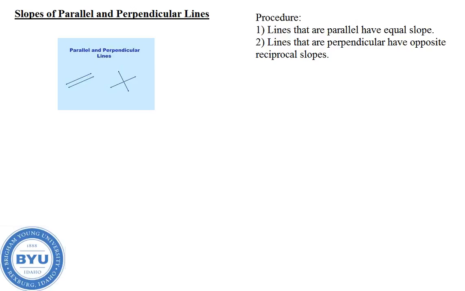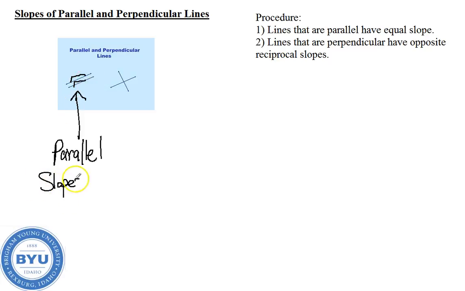Hello and welcome to this refresher video discussing slopes of parallel and perpendicular lines. The most important thing that you're going to want to remember is that two lines that do not intersect are called parallel lines. These are parallel. And parallel lines, because they have the same rise over run, have the same slope.